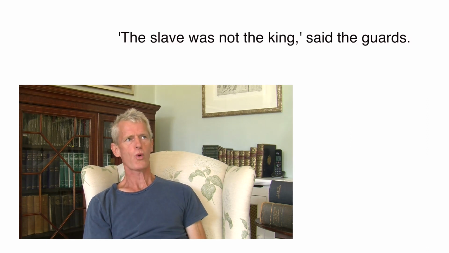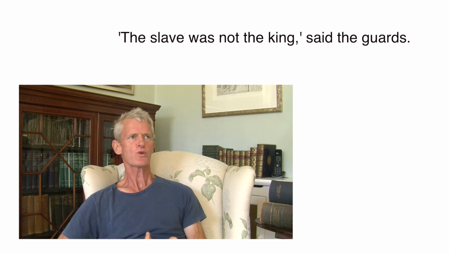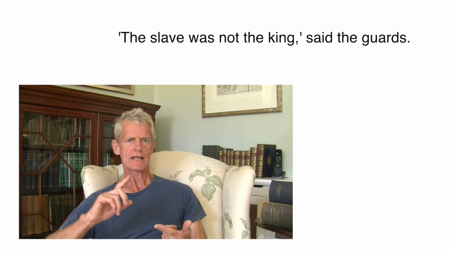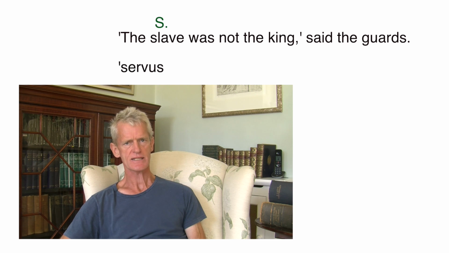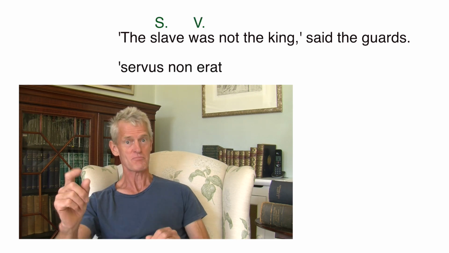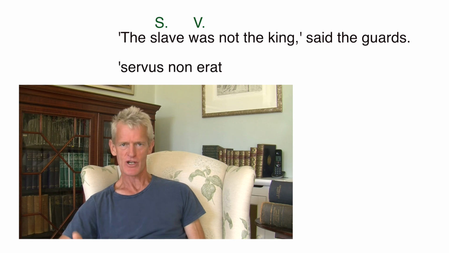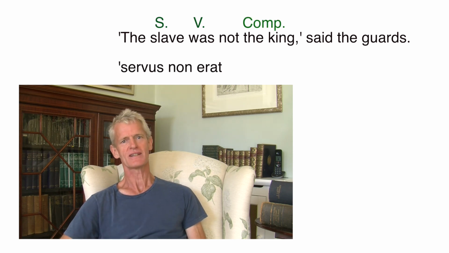Okay, two last sentences. "The slave was not the king," said the guards. Okay, the slave was not the king. Servus non erat. And then the word for king, be careful with this one. The verb to be is followed by a complement in the nominative case.